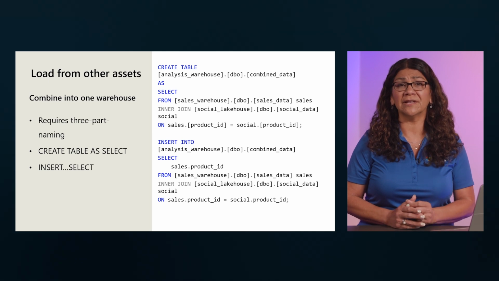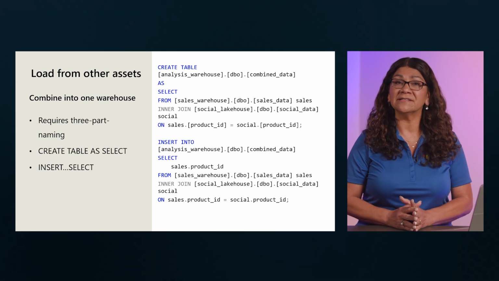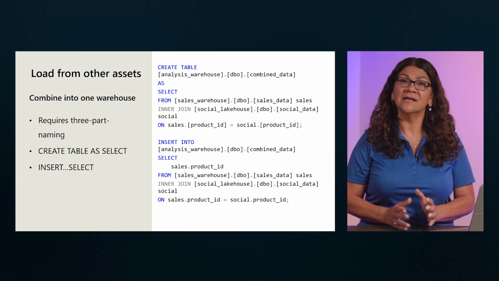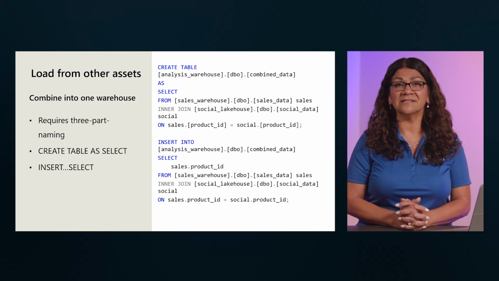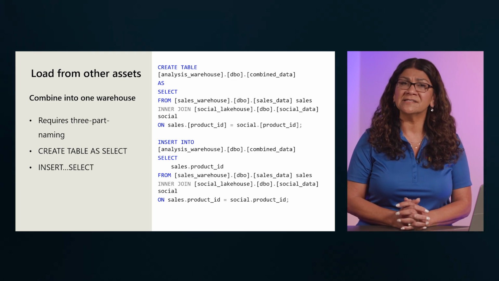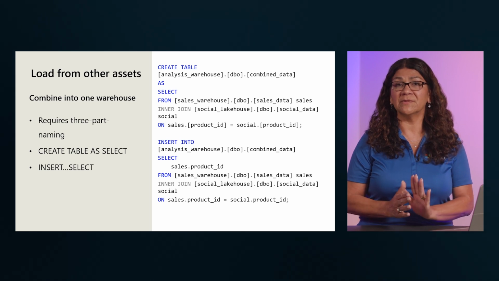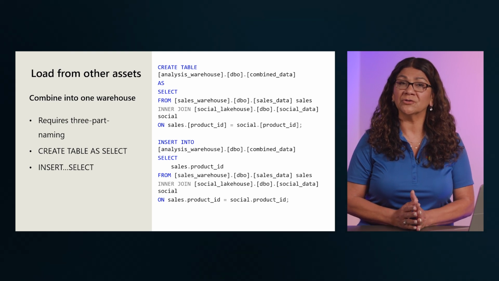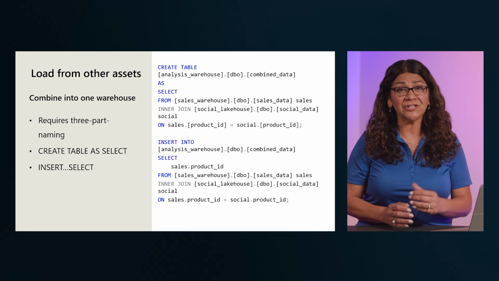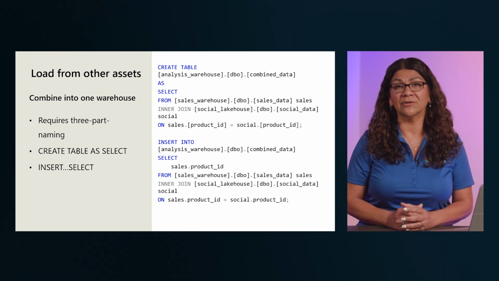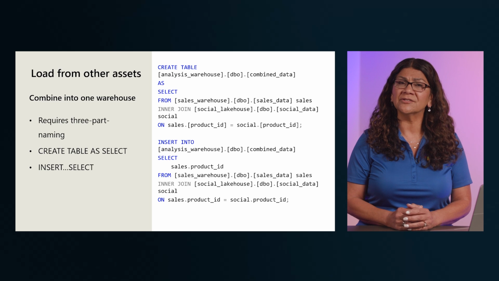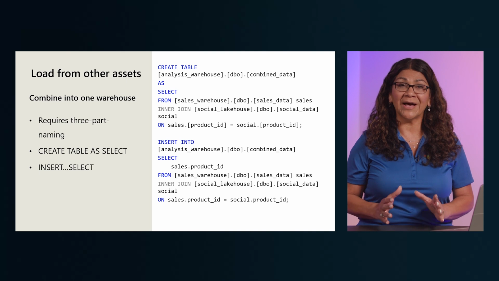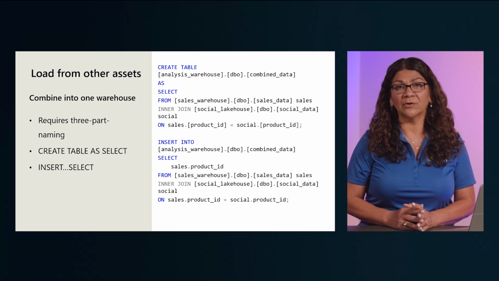In the example shown here, we can use the create table as select statement to create a new table called combined data in the analysis warehouse based on combining the sales data table from the sales warehouse being joined with the social data table from the social lakehouse using matching product IDs between the two tables. Likewise, we can use the insert select statement to add records into an existing table called combined data in the analysis warehouse.